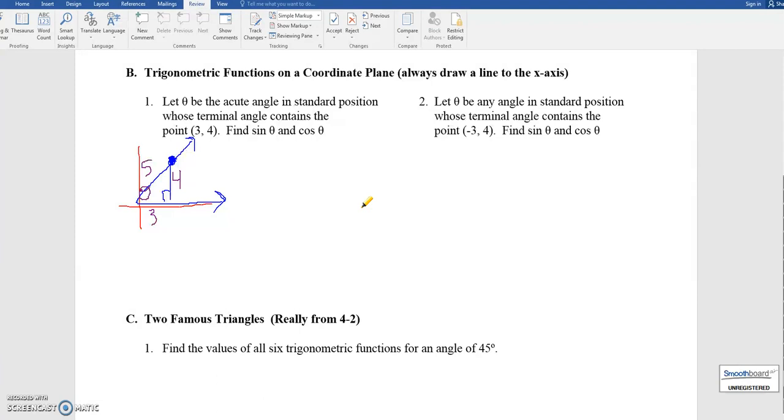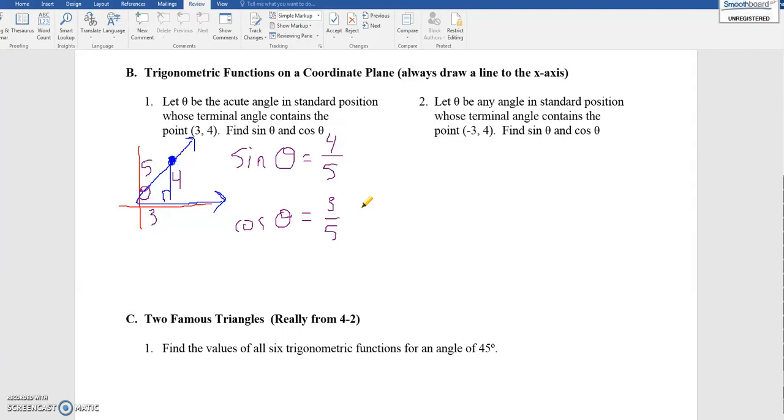There's theta. So sine of that angle is opposite over hypotenuse. Sine of theta would equal 4/5. Cosine of theta is 3/5. Okay, and that's, to a certain degree, review. We've been doing that for a bit. Let's see how we switch things just a little bit in example 2.